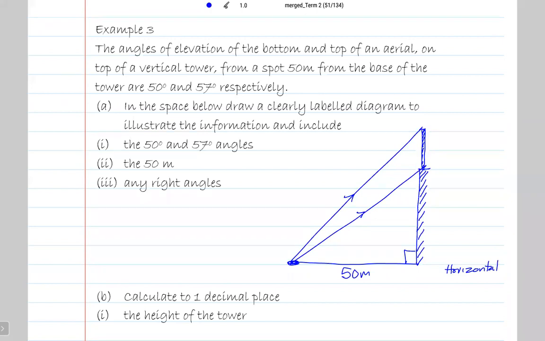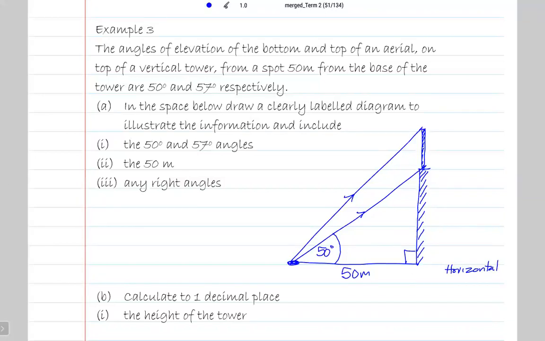Now, angle of elevation is the angle between the horizontal and the line of sight when you're looking up. So if you want to represent angle of elevation, you have to start from the horizontal, draw a curve until you get to the line of sight. This is 50 degrees.